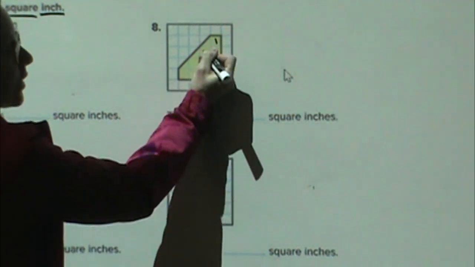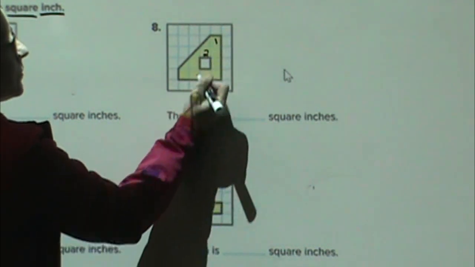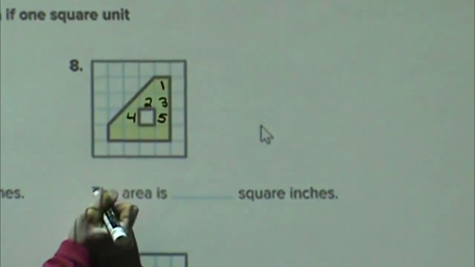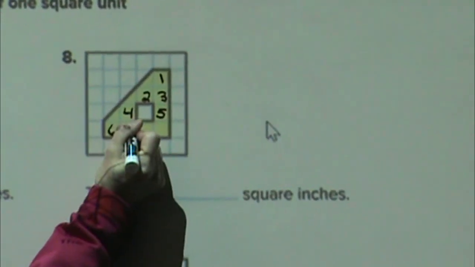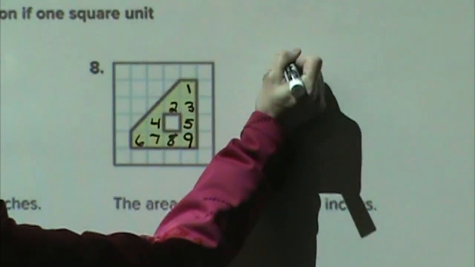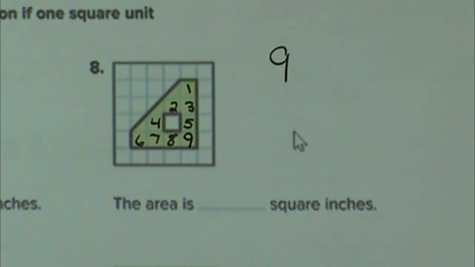Count the wholes first. 1, 2, 3, 4, 5, 6, 7, 8, 9. We have 9 wholes.